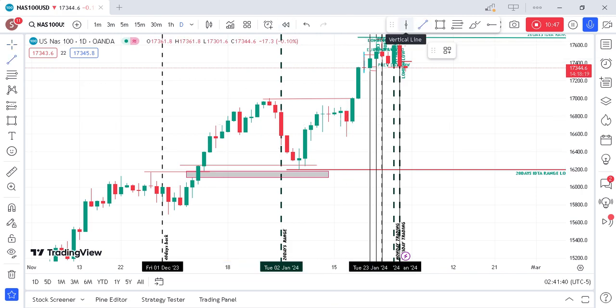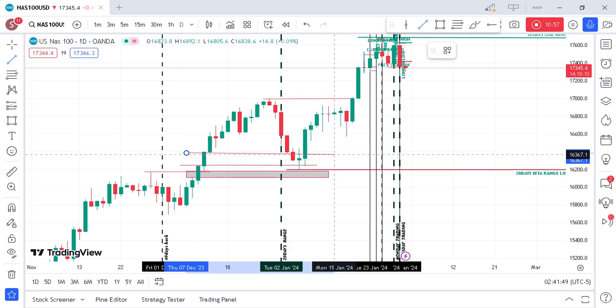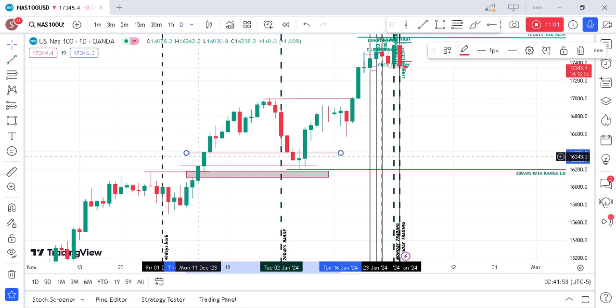The market lifted this structure on December, on the 12th of December, and it came back again on 5 January.